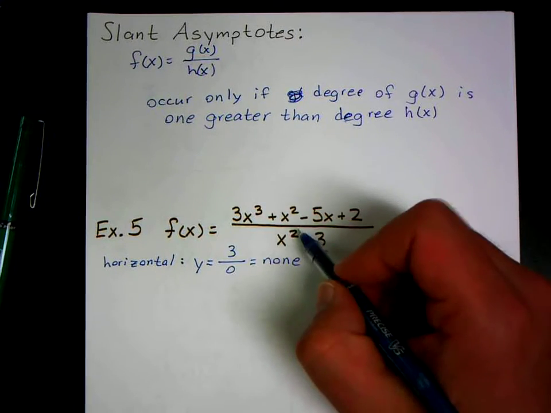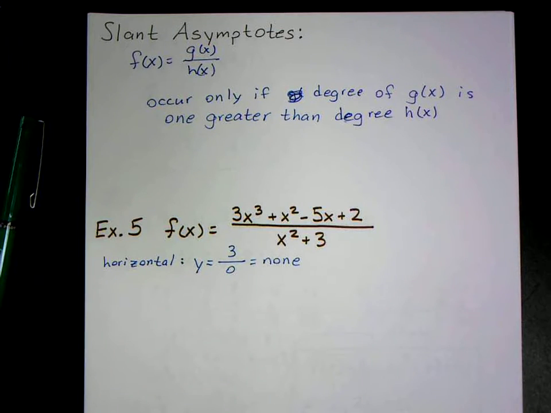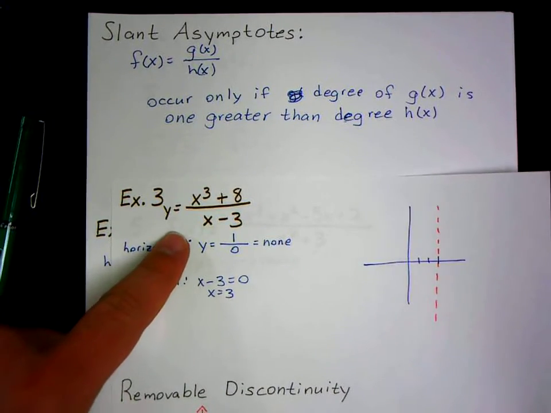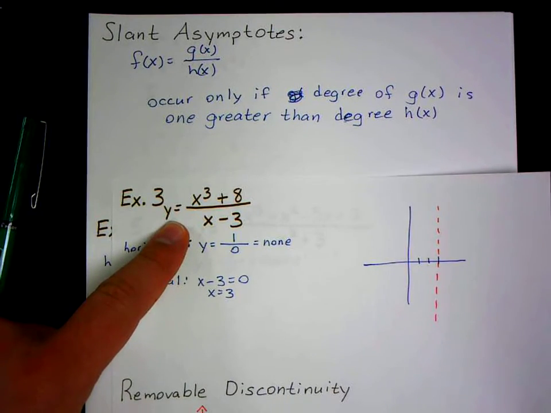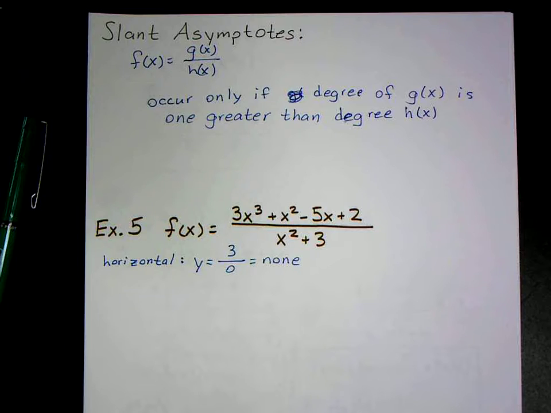And it only occurs if this power is 1 greater than this power. Not 2 greater. So on this one here, I set this one up so I wouldn't have to worry about slant asymptote. I did that intentionally.